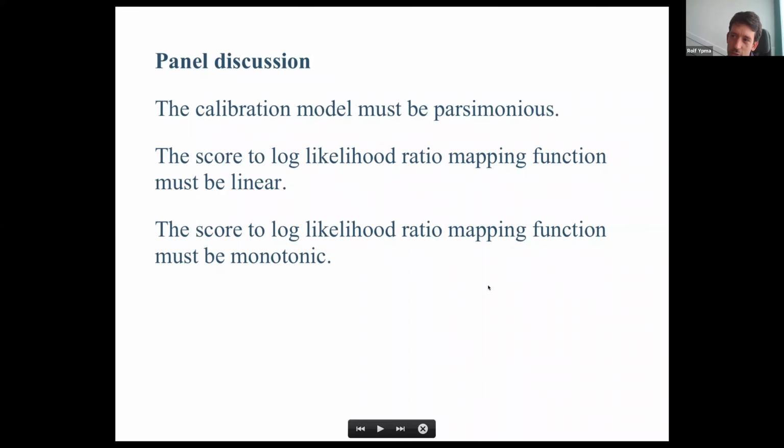Well, is there a pressing need to respond to that? I think Peter wants to speak. So about being parsimonious, I think it really depends on how much data you have whether you should restrict your model, for example, to a logistic regression calibration with only two parameters to estimate, or being more free in that sense, using, for example, kernel density estimation, which is a non-parametric model where the number of parameters increases with your sample size.